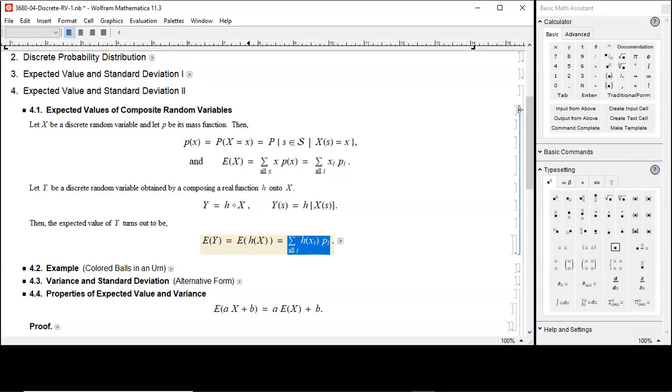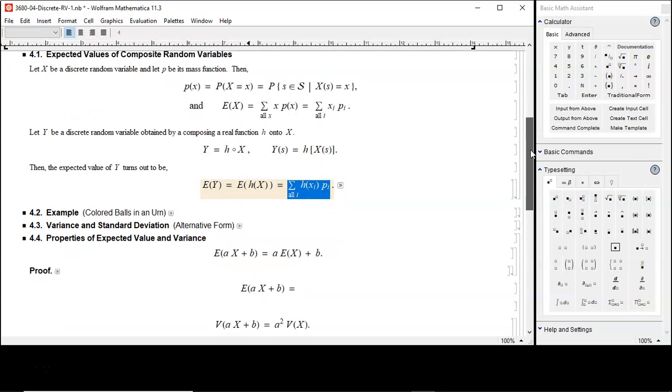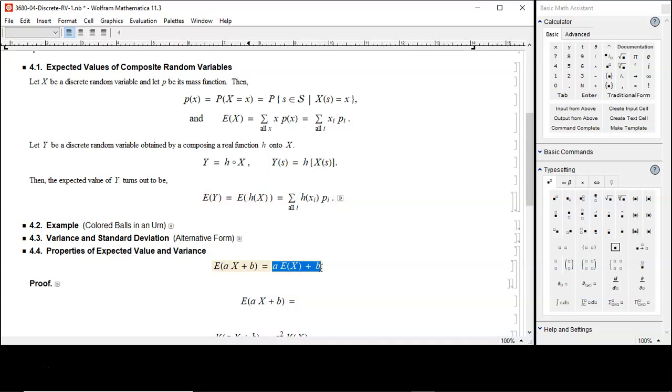You have to do this, except that this h is a linear function ax plus b. Make sense? So here this is going to be ax plus b.